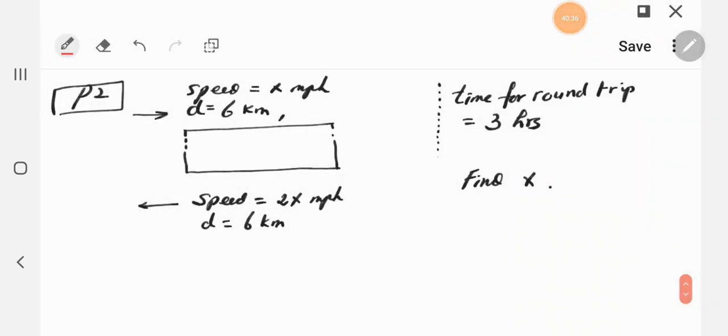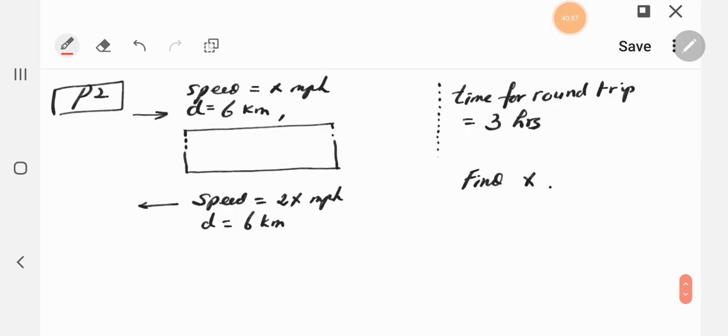Okay, problem number 2. There's a lake and a sailboat is going back and forth. So the lake is 6 kilometers wide, so the distance is 6 kilometers. And the speed when you go to the right, let's say it is x miles per hour.